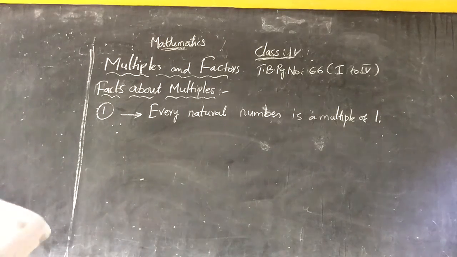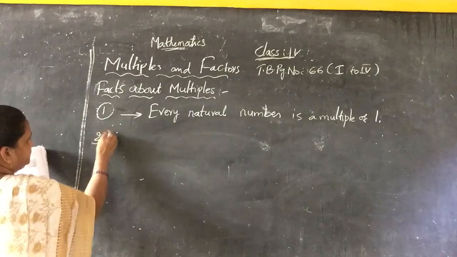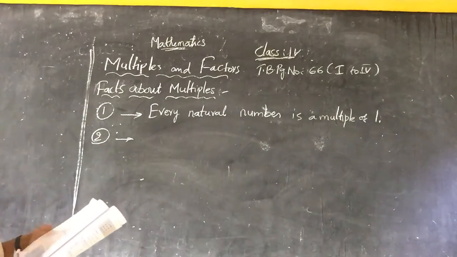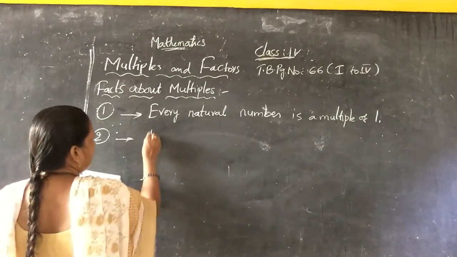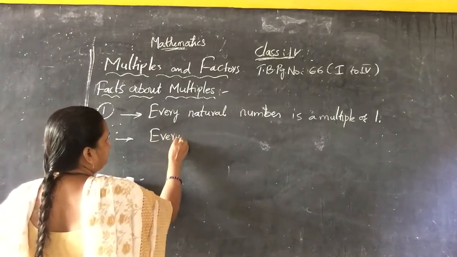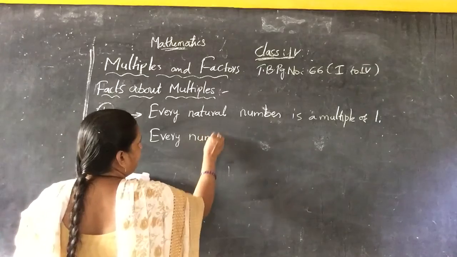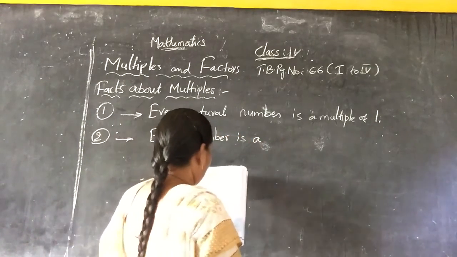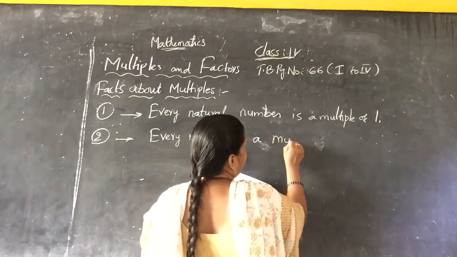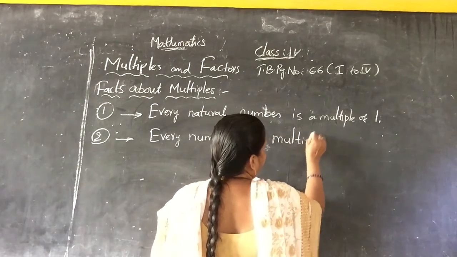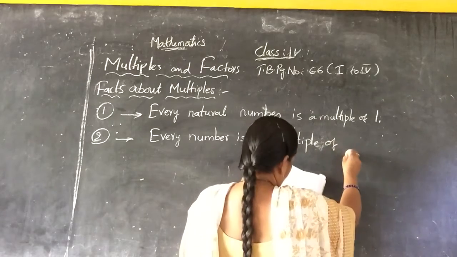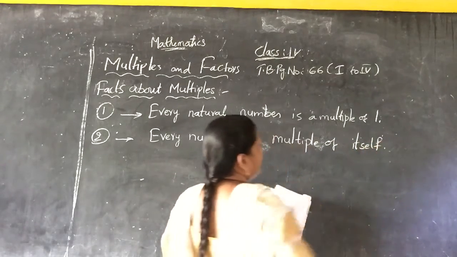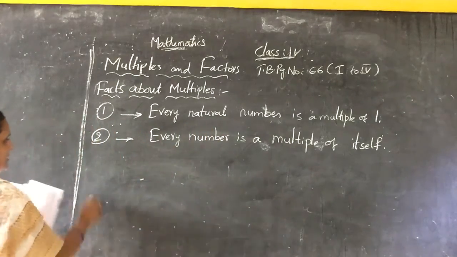Next, fact 2. Give some little gap and write neatly, children, everyone. Every number is a multiple of itself.